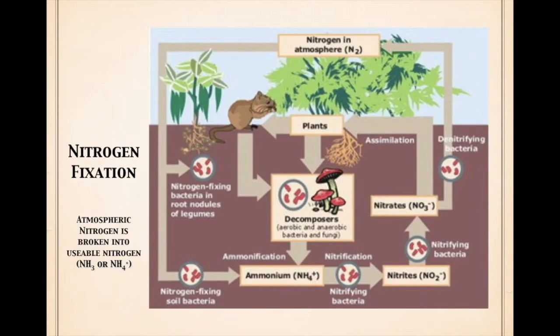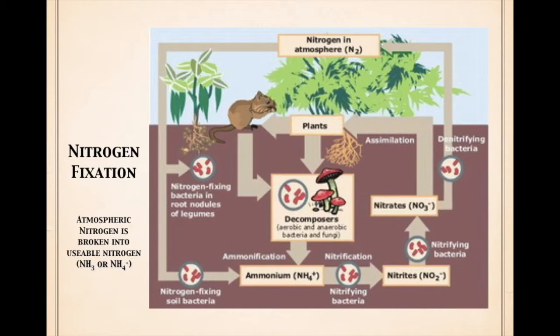As you can see here, we have nitrogen in the air. If we follow the left side arrow, the nitrogen fixing bacteria on the roots of plants is breaking down the nitrogen, turning it, as you see at the bottom, into ammonium, and basically it can be used later on.